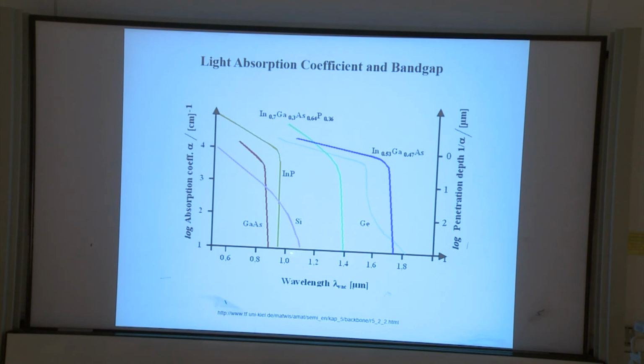On the right-hand side, the wavelength is longer, so the photon energy is lower. So what does the edge mean? The absorption edge means that at this wavelength, the photon energy corresponds exactly to the band gap.